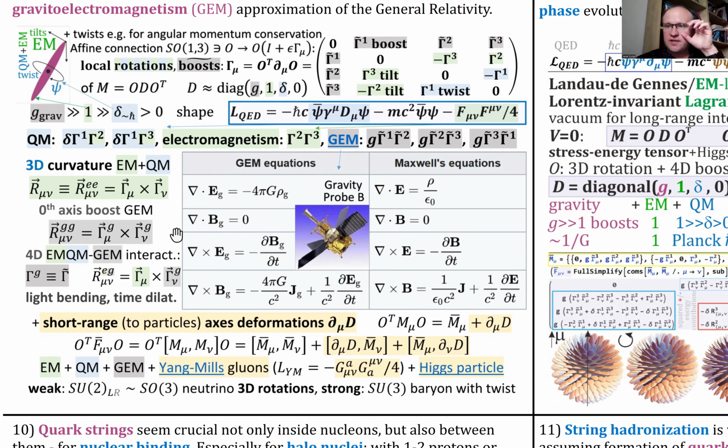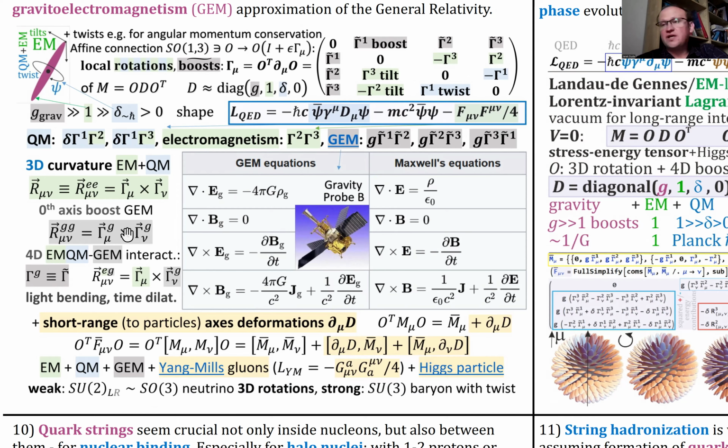We need to add magnetism for Lorentz invariance, and the same you can do with Newton to extend it to Lorentz invariant with the magnetic analogy of magnetism. Additionally, there is also interaction between electromagnetism and quantum mechanics, the boosts and tilts, rotations and boosts. This interaction slows down electromagnetic propagation in high gravitational fields.